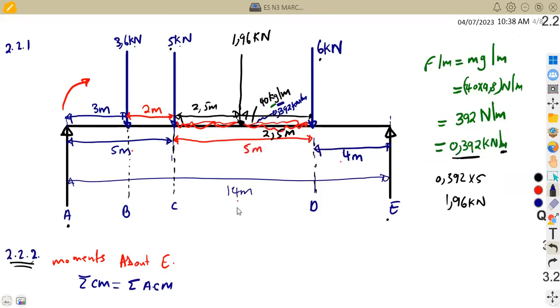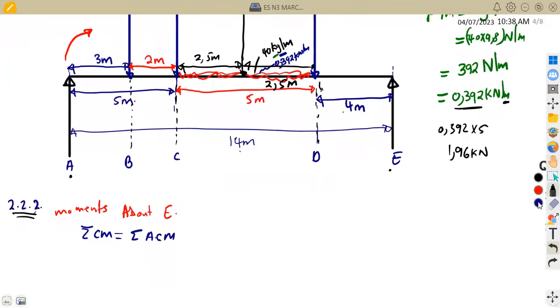So which other part do we have back to E? We can see that 6 moving back to E, that is this direction, that is anti-clockwise. 1.96 anti-clockwise, 5 kilonewton anti-clockwise again. If we check here, 3.6 anti-clockwise. So the rest are in the anti-clockwise. So you only have this one in the clockwise, which is A back to E.